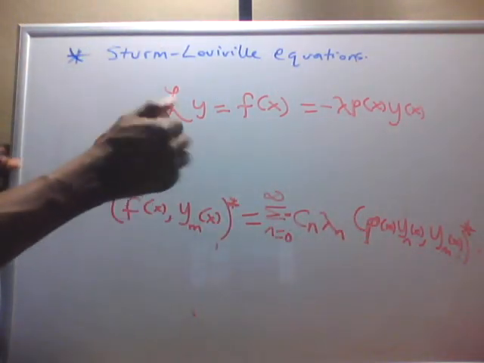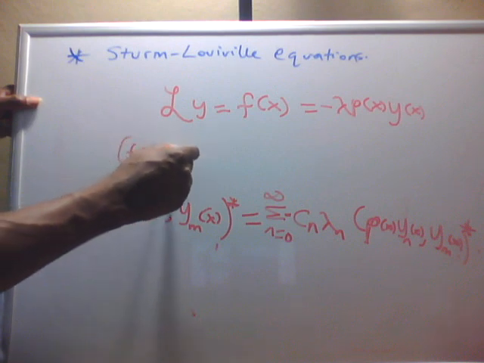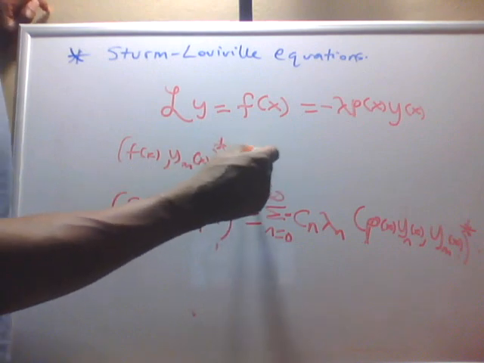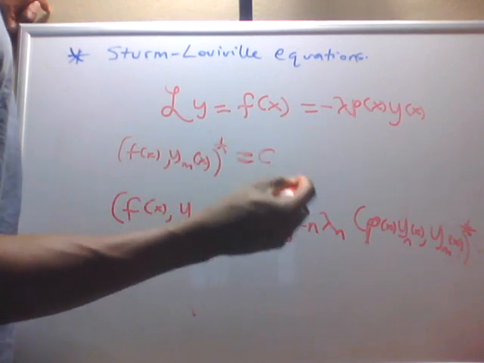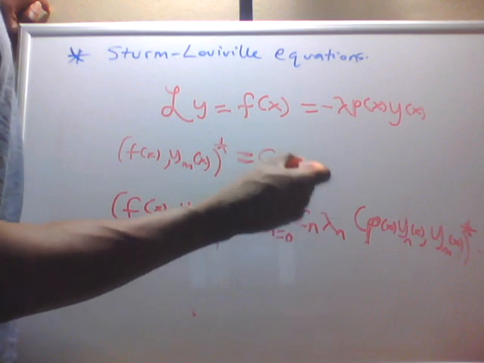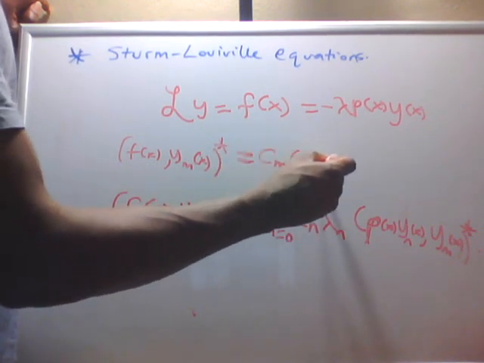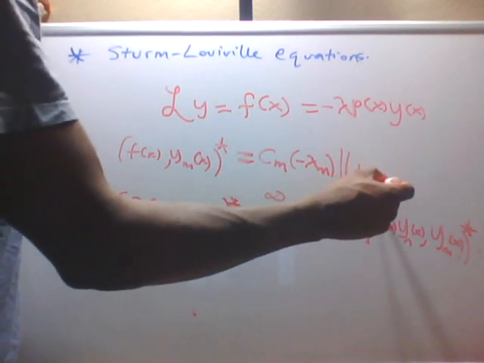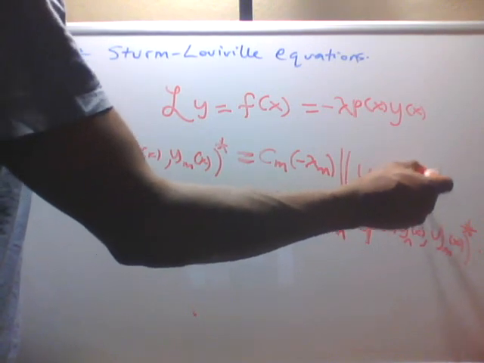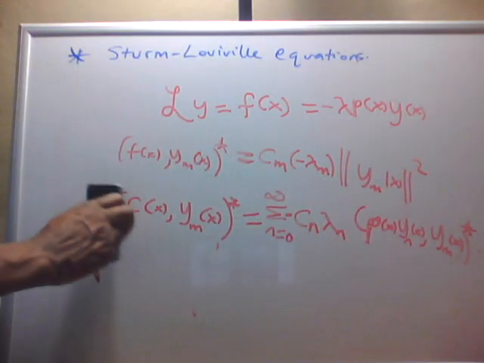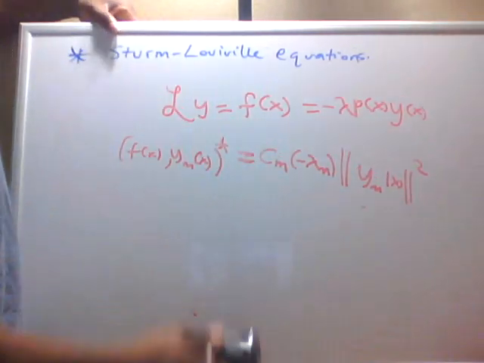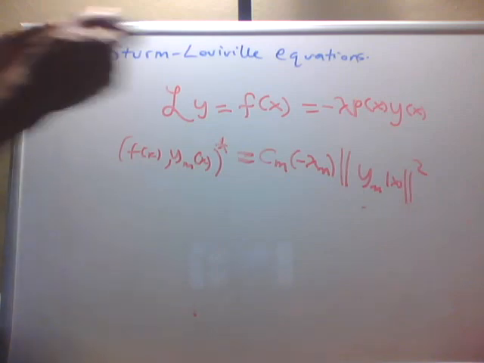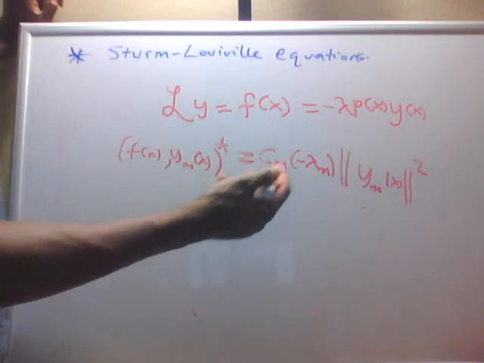So all I'm left with is f of x ym of x equals Cm times negative lambda m and the square norm of ym.